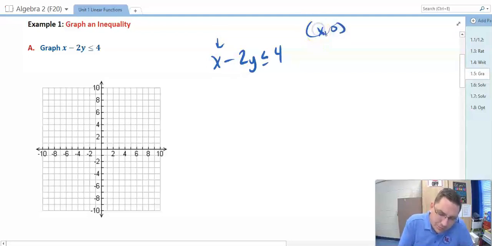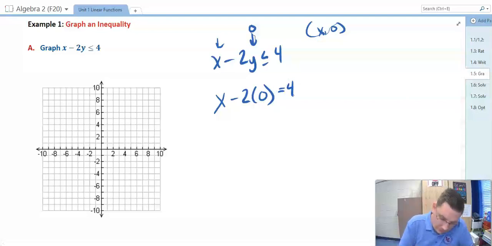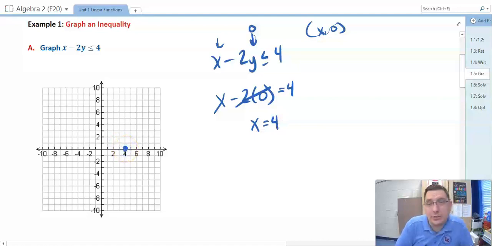And so I'm going to plug in 0 for the y, and I get x minus 2 times 0 is equal to 4. And again, we're changing to an equal to here just to get the line itself. We'll deal with the shading in a minute. 2 times 0 is 0, so I get that x is equal to 4. And so my x-intercept is 4.